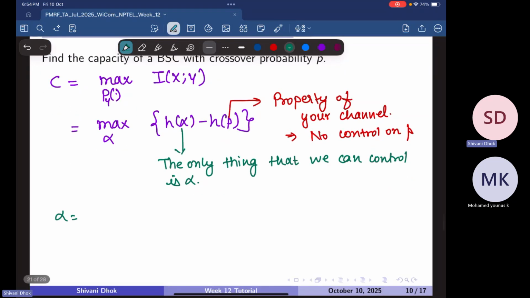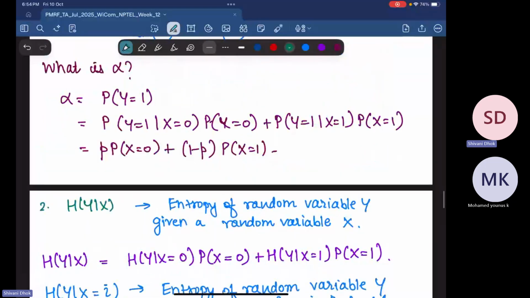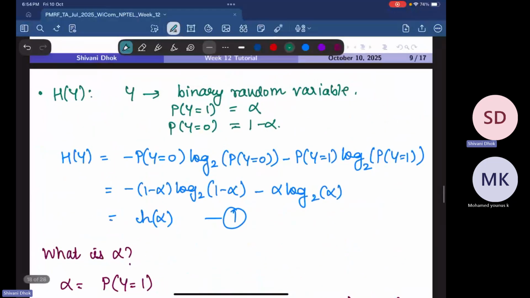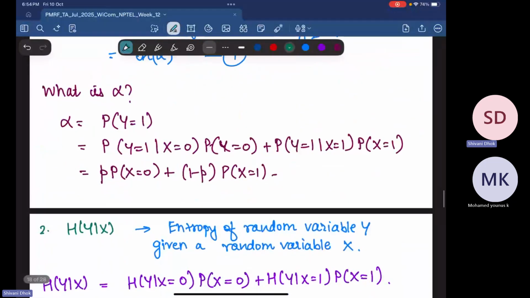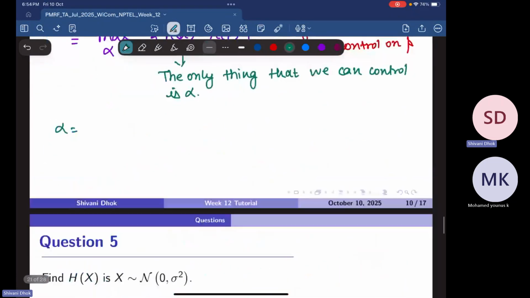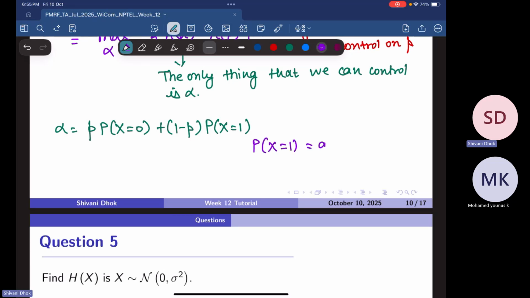And what was alpha? Alpha came out to be p into probability of x equal to 0 plus 1 minus p into probability of x equal to 1. Let's say probability of x equal to 1 is some q.